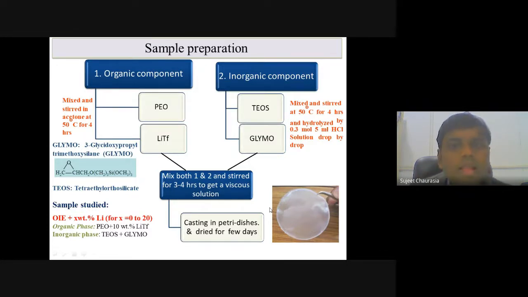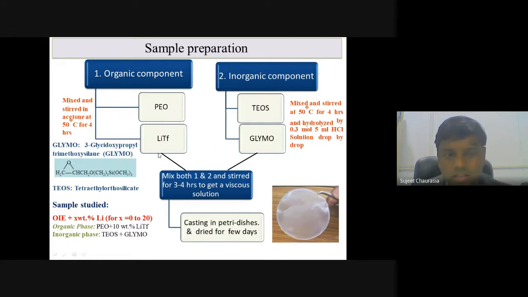First, we prepared the organic component using the polar polymer PEO, polyethylene oxide, with lithium trifluoromethane sulfonate, and the inorganic part is prepared by tetraethyl orthosilicate and GLYMO, which acts as a cross-linking agent between the organic and inorganic part.